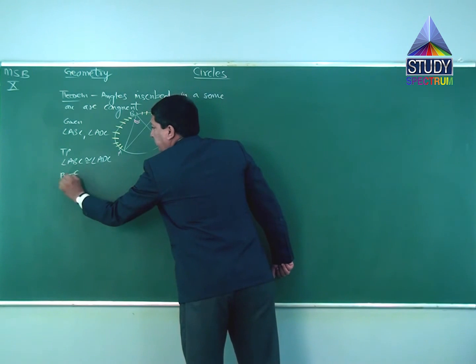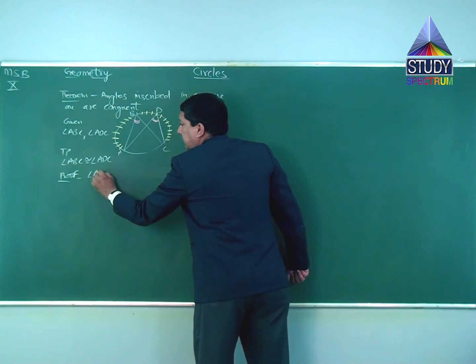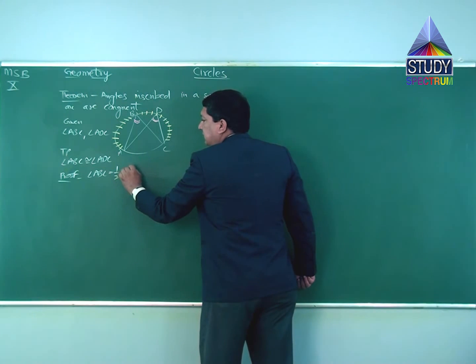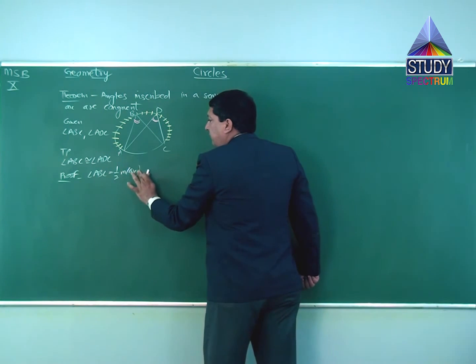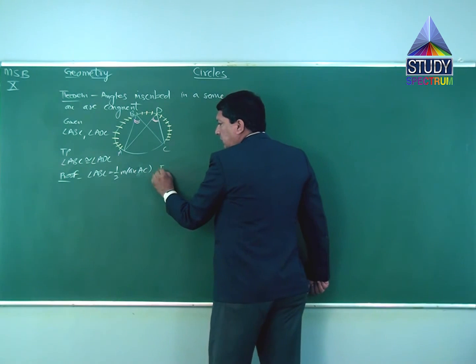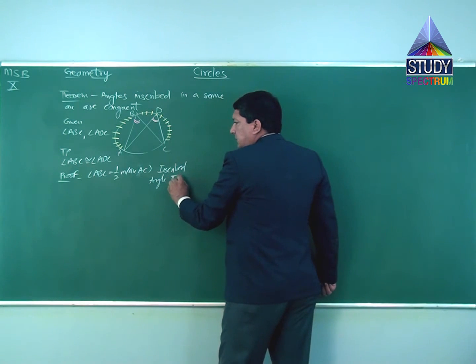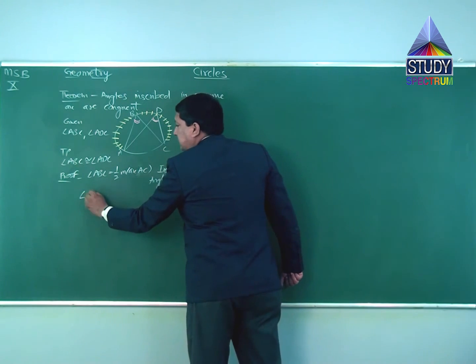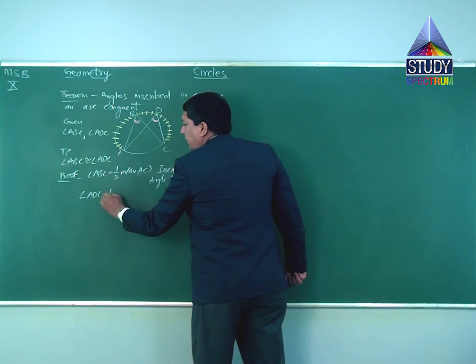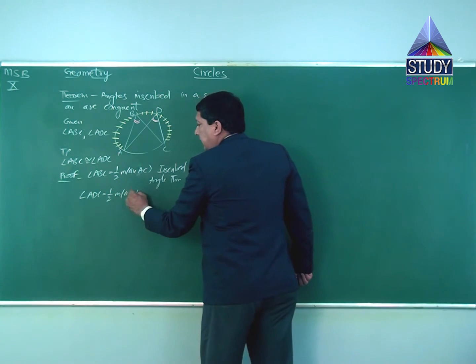Very simple to prove. Angle ABC is half the measure of arc AC, as per the inscribed angle theorem. In the same way, angle ADC is equal to half the measure of arc AC.